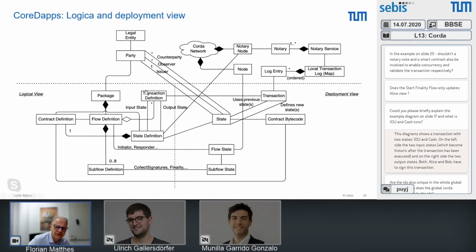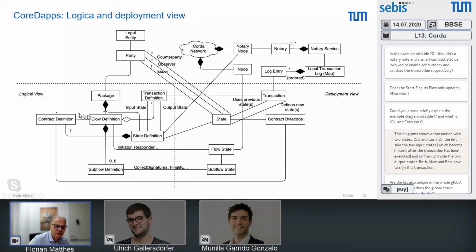So a transaction consists of the set of input states and the set of output states. It's not a piece of code, but a data object. And this data object is created by the flow definition and is part of the flow definition. And that's all done at compile time.